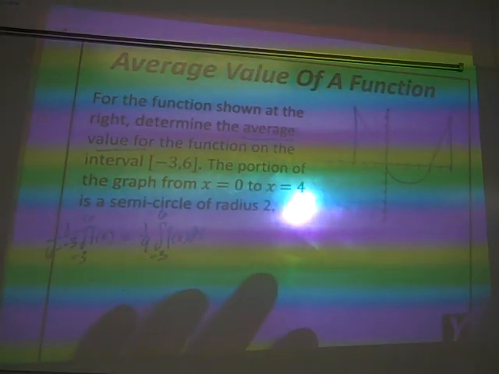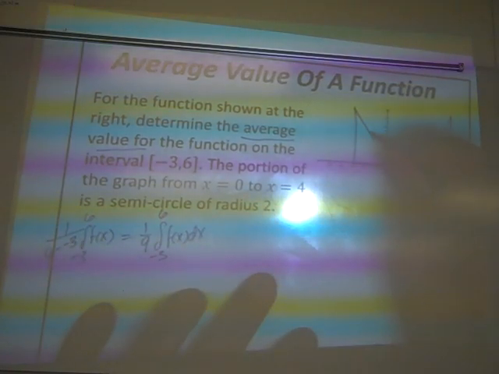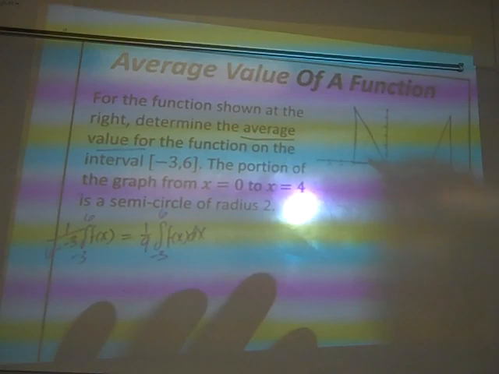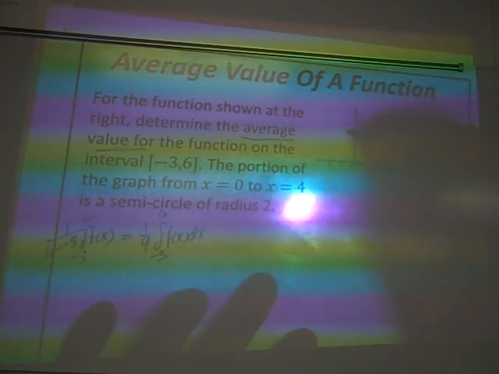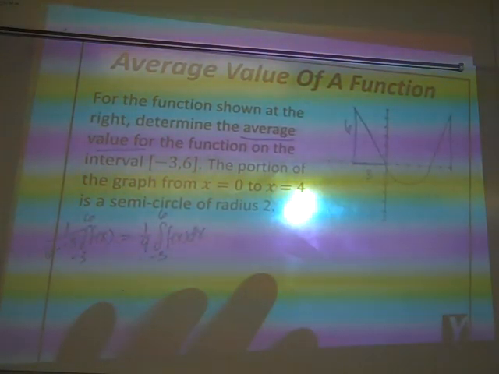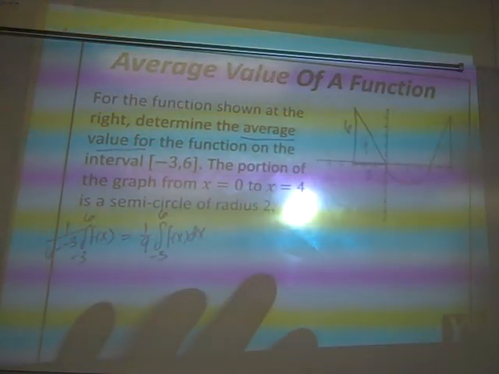Since we've already done this in the previous unit, we're really good at breaking the region up into different known geometry shapes. Here we have a triangle. The base of the triangle is 3. The height of the triangle appears to be 6. Area of a triangle is 1/2 the base times the height, and we're going to get 9.